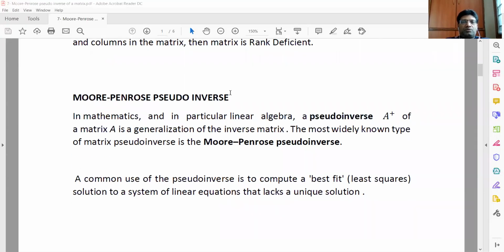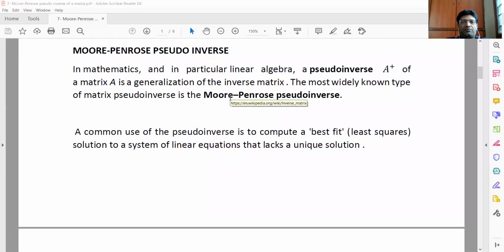Now we will come to the Moore Penrose pseudo inverse. Generally we calculate inverse for square matrices only. We don't see the inverse for rectangular matrices. So Moore Penrose is a procedure to calculate inverse for rectangular matrices.